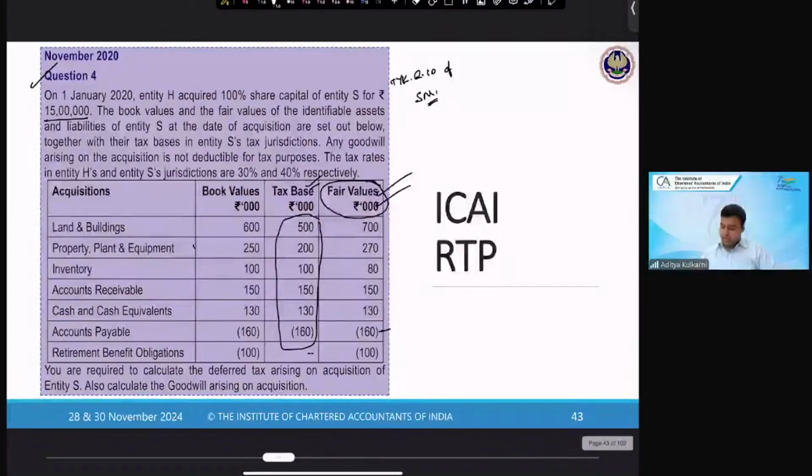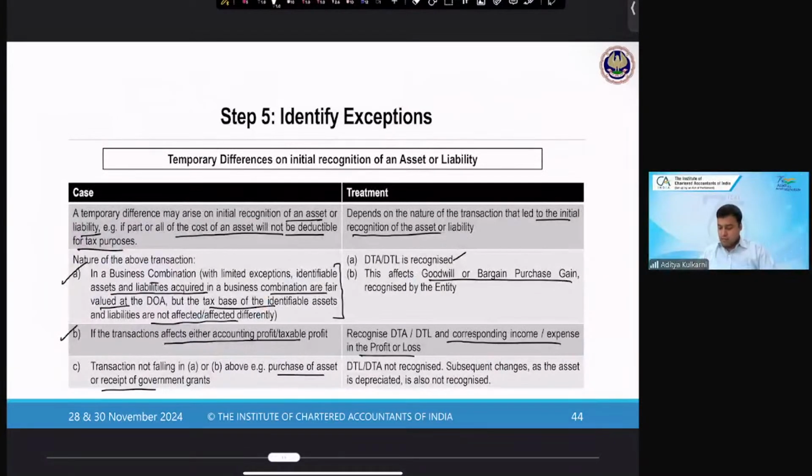All right. Next. Temporary differences on initial recognition of an asset or a liability.